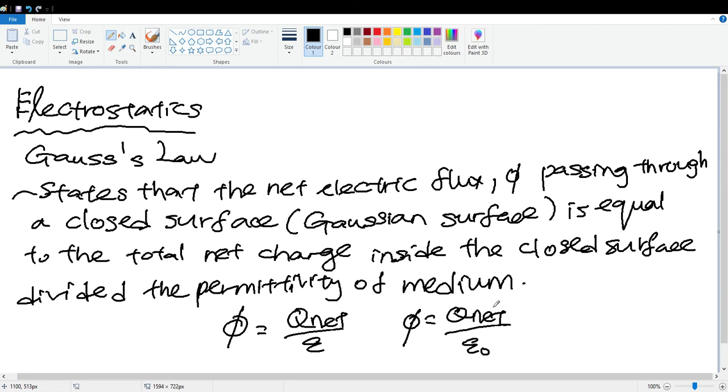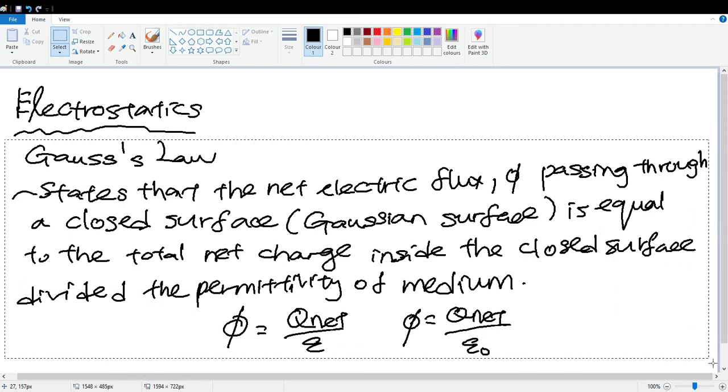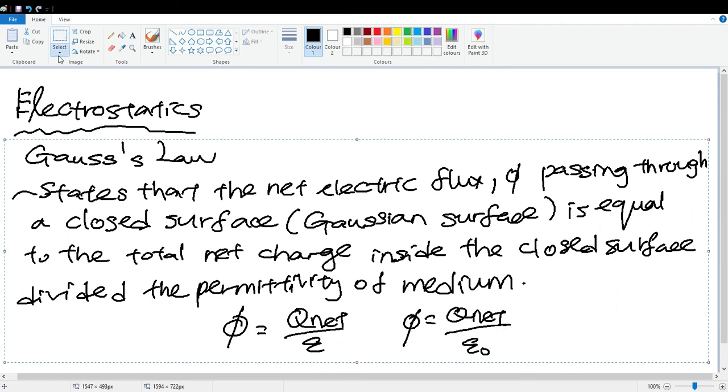Okay, so we have done this definition. Let's move on to another part.